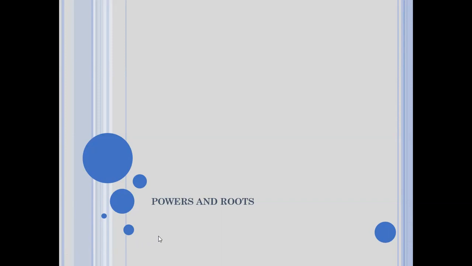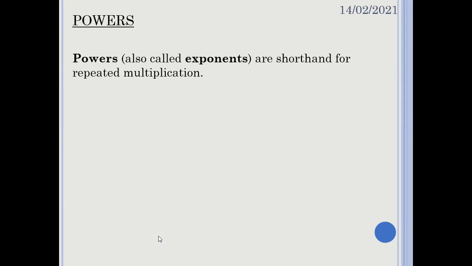In this video we are going to look at something called powers and something called roots. Powers, or sometimes they might be called exponents, are shorthand for repeated multiplication. To square a number, so you might have heard this term before, means to multiply it by itself.